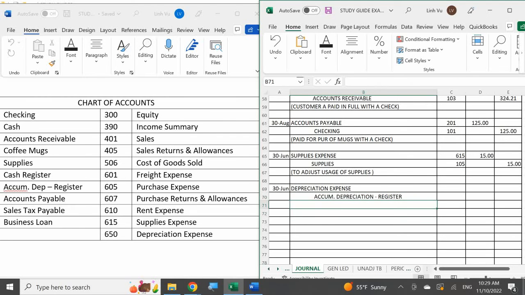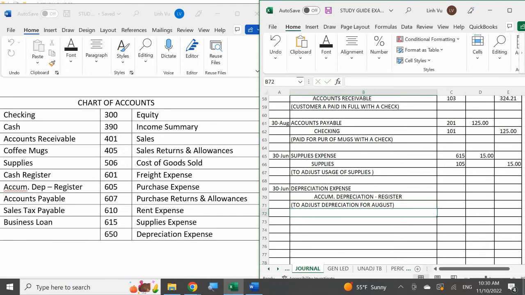Again, I'm going to say to adjust depreciation for June. I'm sorry, August.